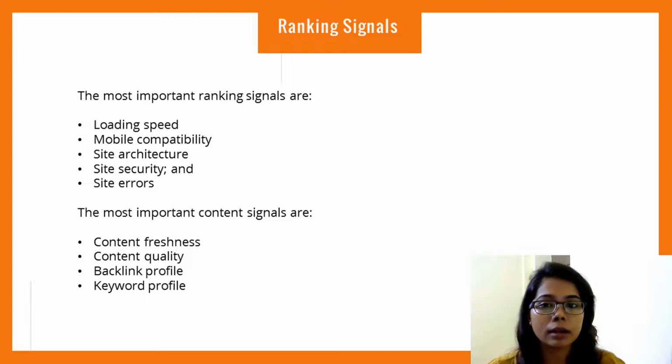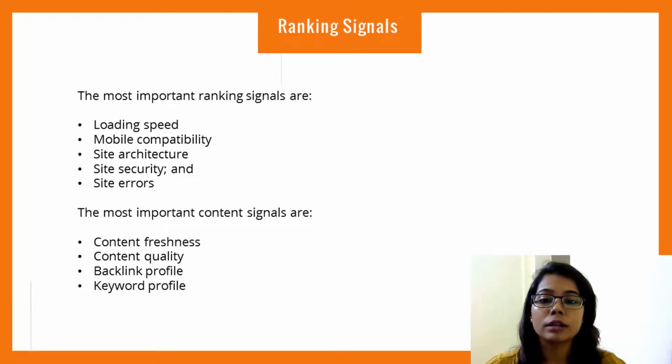Some matter more than others. The most important ranking signals are website loading speed, mobile compatibility, site architecture, site security, and site errors, okay. Site content itself is a big feature that can make or break a browsing experience. However, there are so many factors to consider within the site content that several ranking signals have evolved to examine site content.